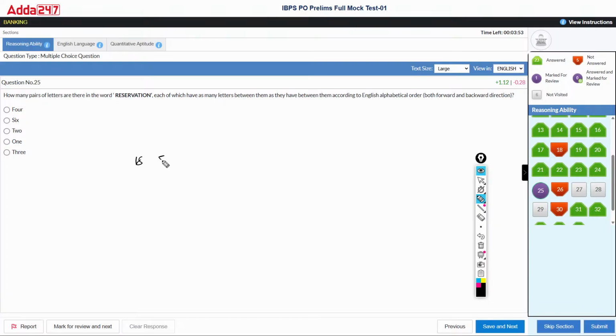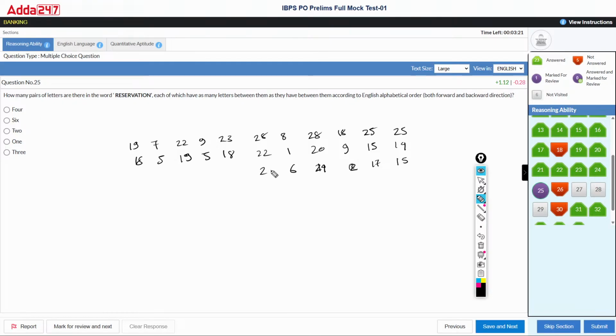Reservation. 1, 2, 3, 4, 5, 6, 7, 8, 9, 10, 11. 1, 2, 3, 4, 5, 6, 7, 8, 9, 10, 11.